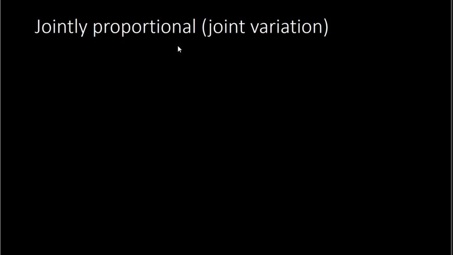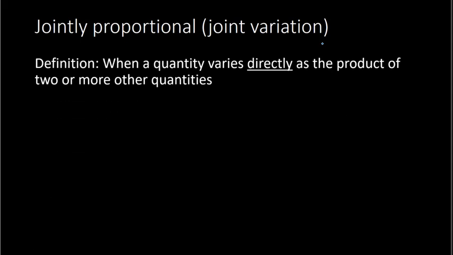We have another term called jointly proportional. So what jointly proportional means is a quantity varies directly as the product of two or more other quantities. So it means directly proportional, but instead of directly proportional to one value, it is directly proportional to two or more values. So here's an example illustrating that.